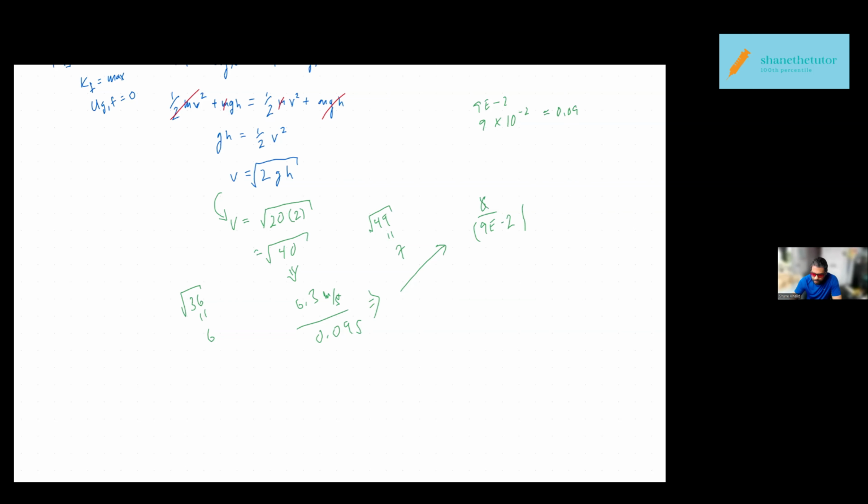So 3 goes into 6 twice, 3 goes into 9 3 times. So this would be 2e0 over 3e negative 2. So then that would be 2/3 e. When you're dividing exponents, you are subtracting them.